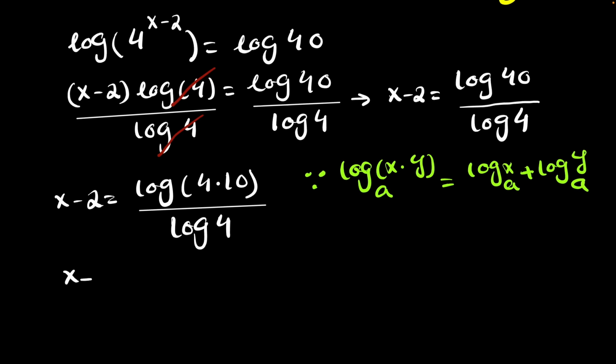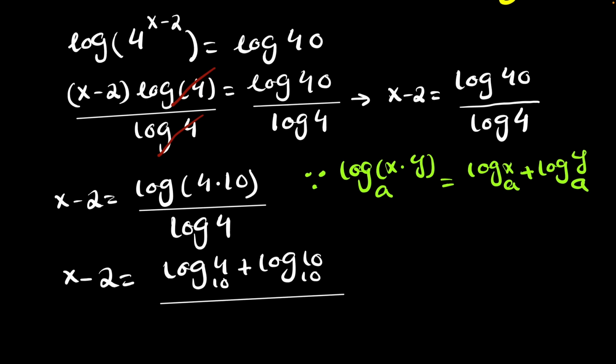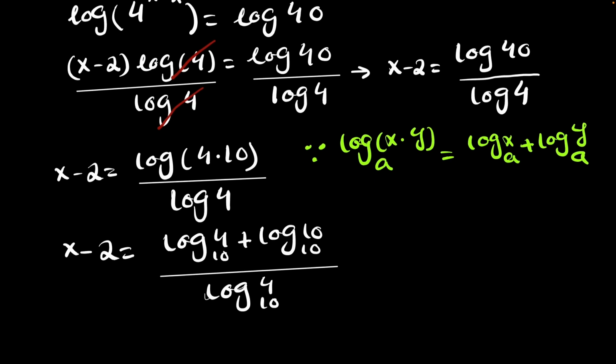Here x minus 2 is equal to log of 4 plus log of 10, over log of 4. Here the base is 10, guys. When we do not have a base, the base of the logarithm is 10.